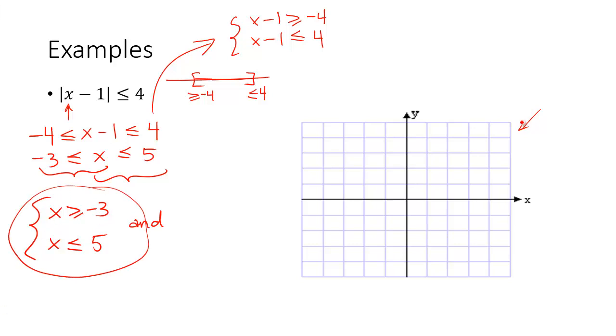So let's look at both of these components. We've got x greater than or equal to -3. If you look at the boundary, x equals -3 right here, that's a solid line, and x equals 5 is the other boundary, right there.